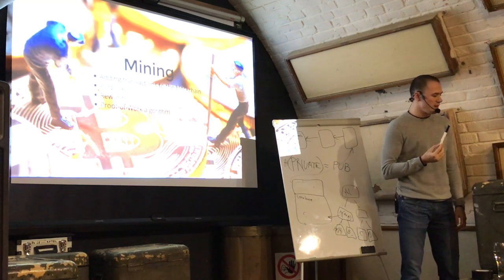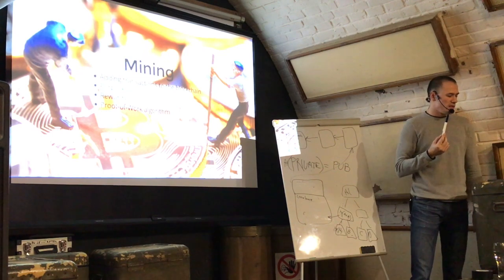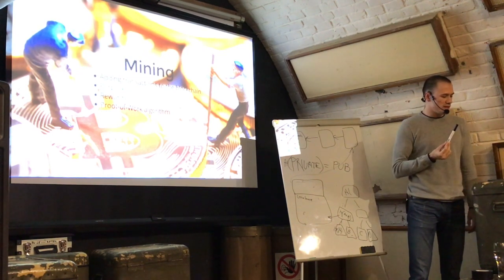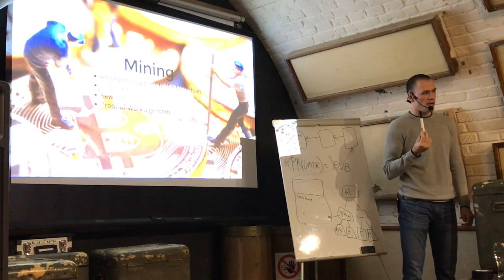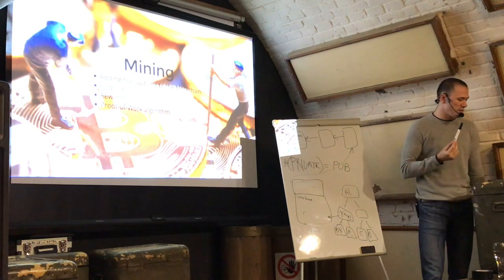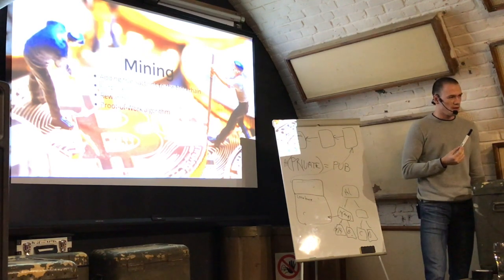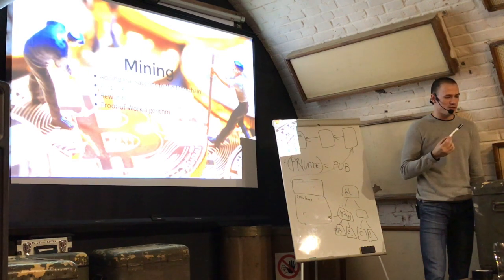But the real purpose of mining is that mining is actually the way that makes Bitcoin special. It's the way that makes Bitcoin secure, and it does so by proof of work. In order for me to simply explain proof of work to you, I would use an analogy with throwing dice.